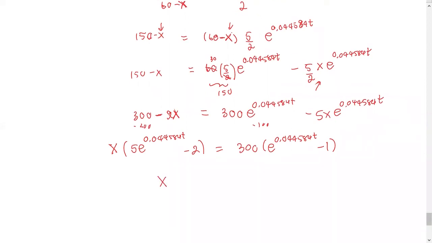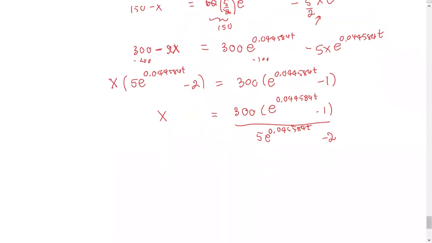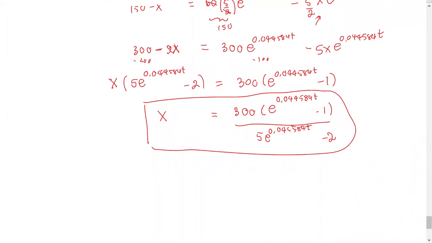So now your x, or the amount of the product, the chemical C at the time t, will be in the form of 300 times e to the 0.044584 t minus 1, divided by 5 e to the 0.044584 t minus 2. Okay, so this is the solution, or the particular solution for this chemical reaction case.